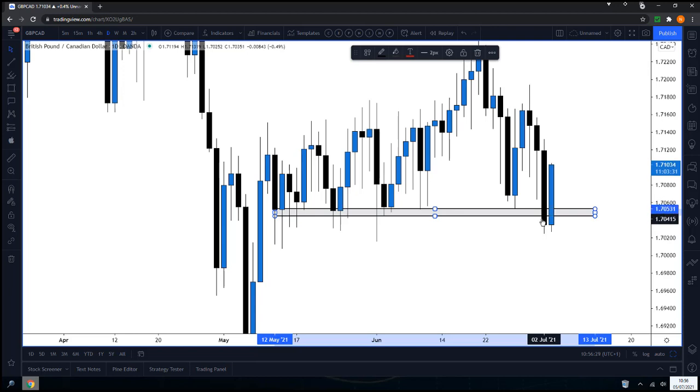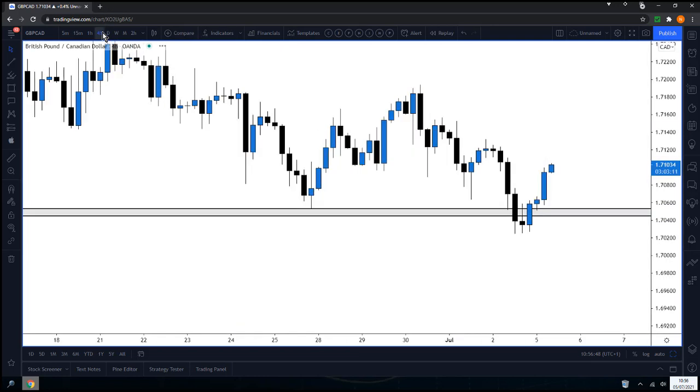And yeah, maybe this was a false break, but I just noticed that price had tried to break down on a number of occasions and failed, but for the first time on Friday it did actually break and close below. So does that mean that the sellers are starting to creep in?